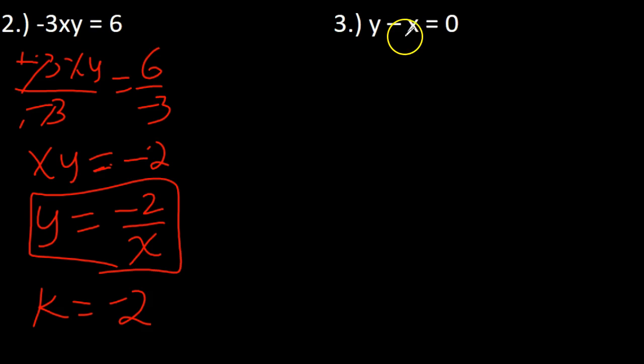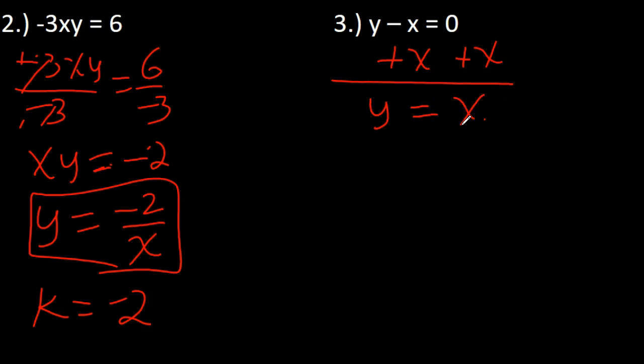Next, y minus x equals 0. Again, solve for y, so we add x to both sides. So y equals 0 plus x, which is x. Okay, what is it? Again, this might be a bit confusing, because we don't see a constant here, and the x is not in the denominator.